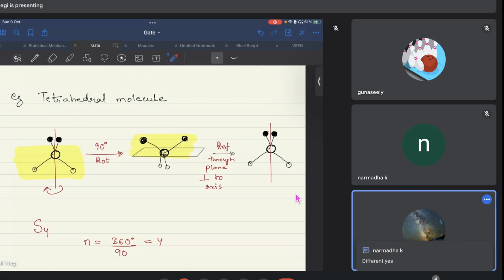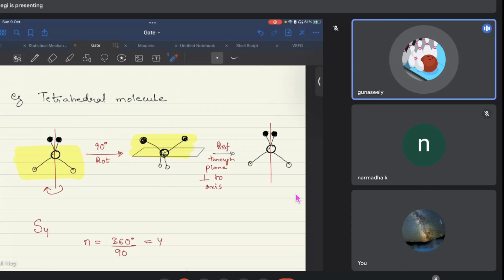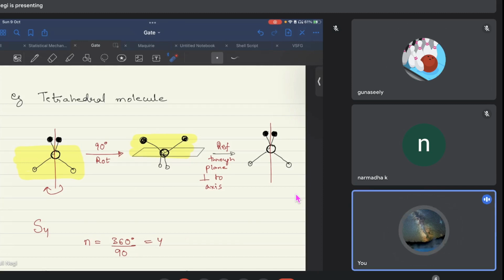Okay, just imagine they are same. Even if they are same, the configuration will be different, because let's say I number them 1 2 3 4. Even if they are same, the configuration is different.